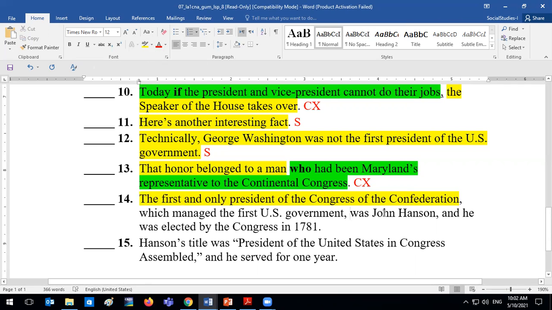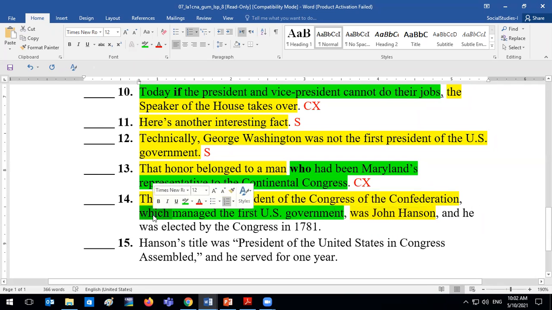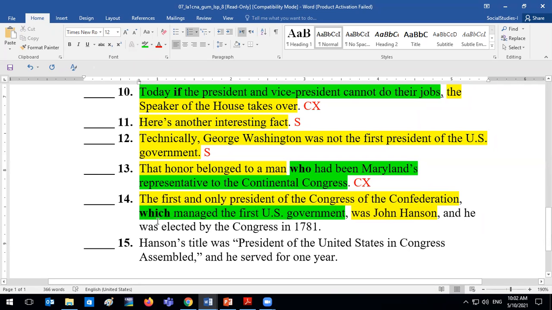Was John Hanson. Good. So this is my independent clause. What is interrupting my independent clause, Ruqayya? What comes in the middle to break off the subject and the verb? Which managed the first U.S. government. Good. Now is this independent or subordinate? Subordinate. Good. It's a subordinate clause. It starts with which, and what is which, Ruqayya? Relative pronoun. It's a relative pronoun.